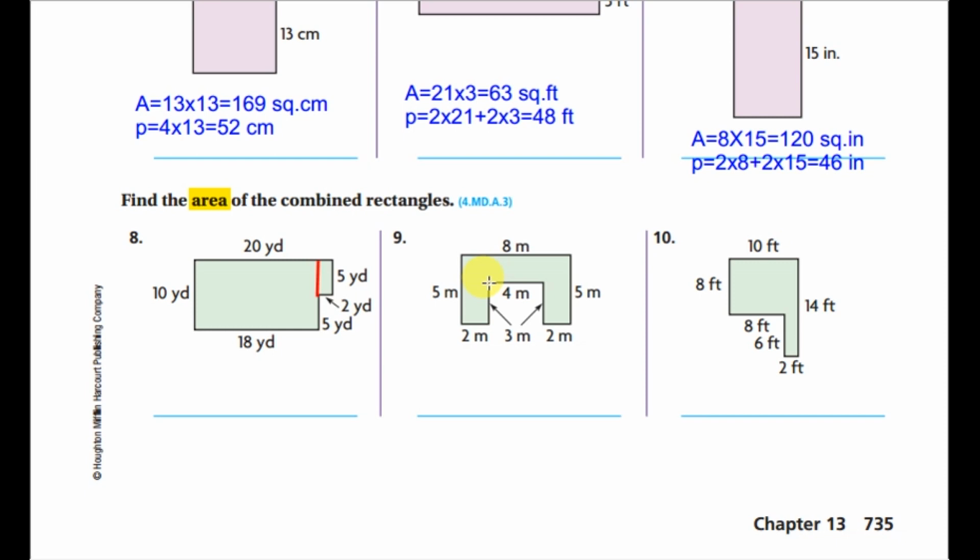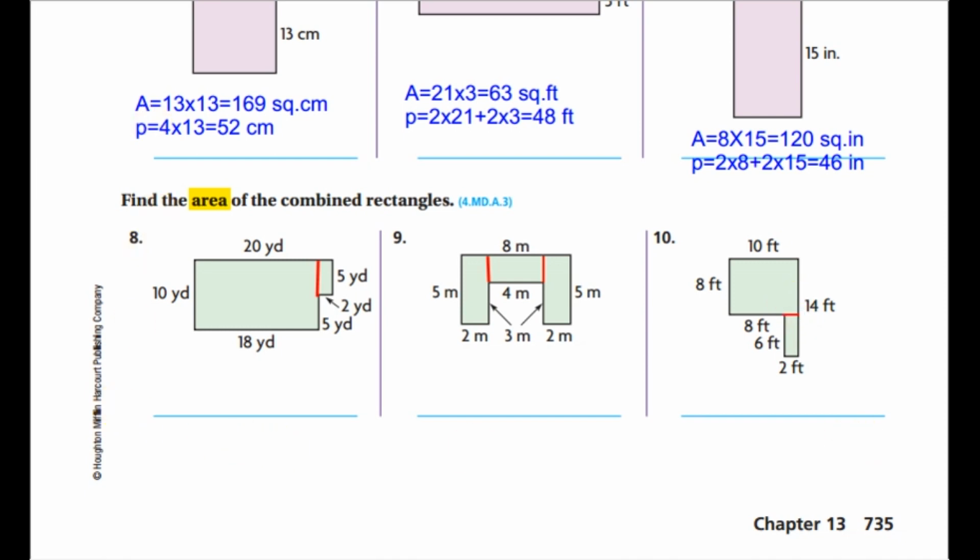So first, I have here two rectangles. Let's cut this into, this is a rectangle, this is a rectangle, 3 rectangles. Let's cut this into 2 rectangles.